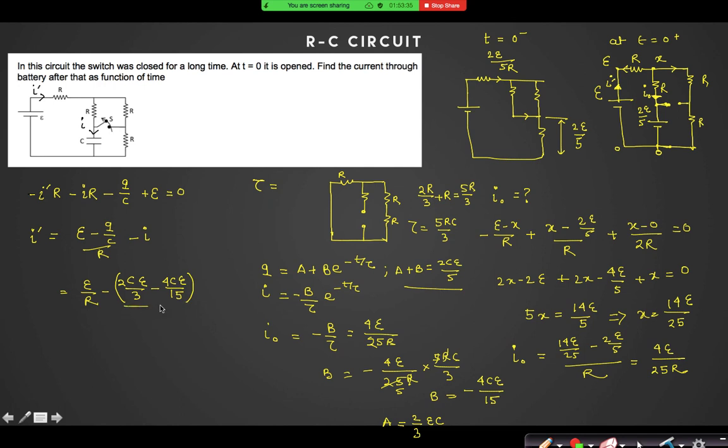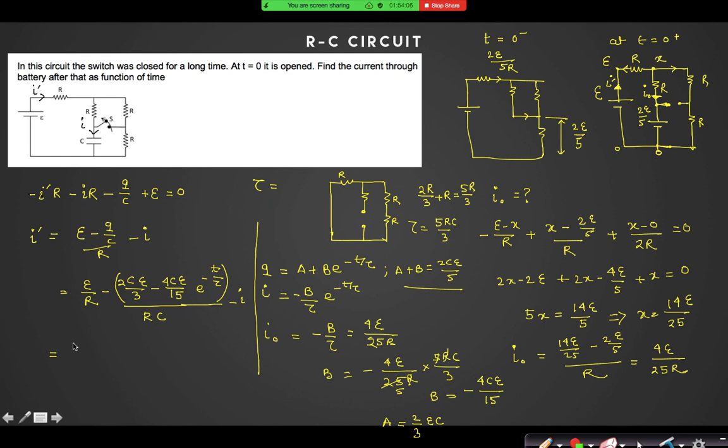So Q divided by RC into E power minus T by tau. That is a lengthy equation, and minus the value of I, which you can find. Minus B by tau e to the power minus T by tau, yes, that equation.